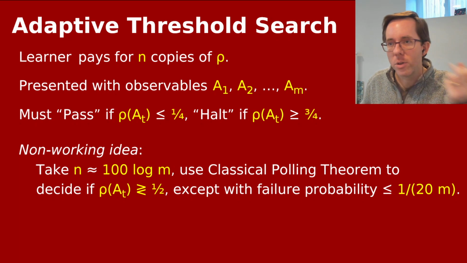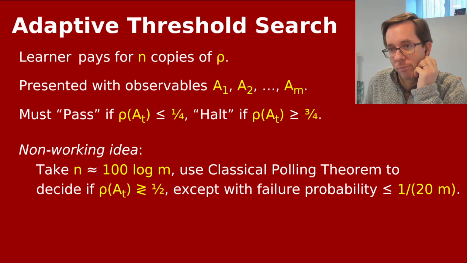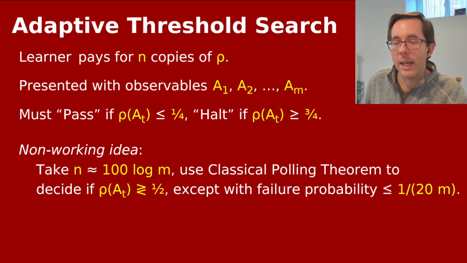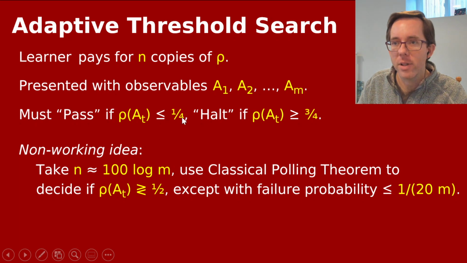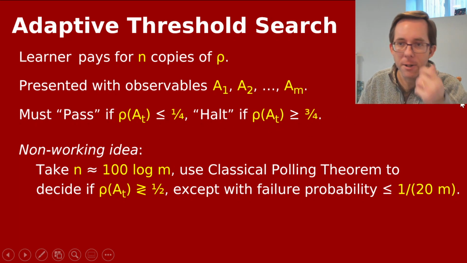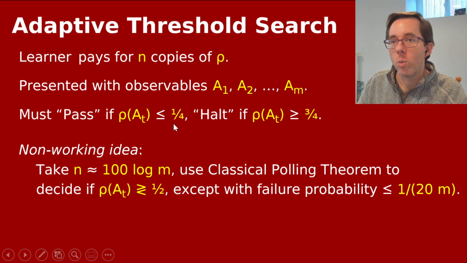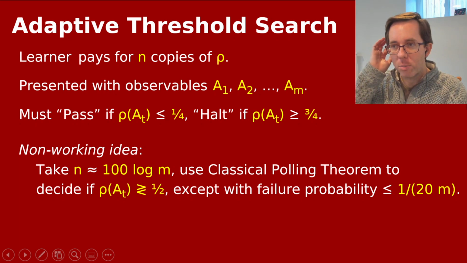I'll pass rho through the measuring device n times, and I'll try to detect if the probability rho of AT is bigger or smaller than a half, where a half is just some number in the middle between 1/4 and 3/4. If I do that, then I'll correctly decide whether it's at most 1/4 or at least 3/4, except with probability 1/20m. That's what the classical polling theorem would tell us.